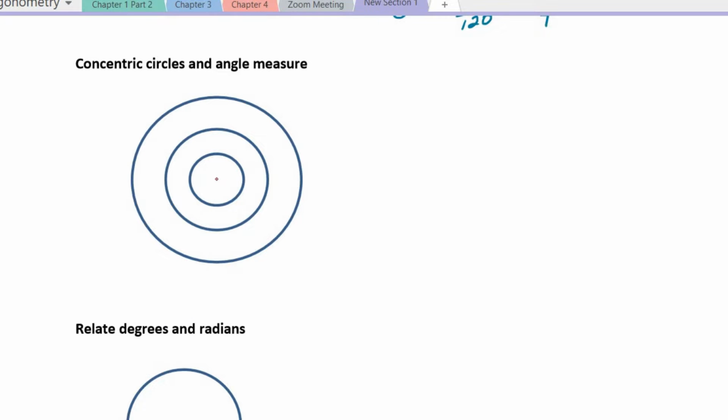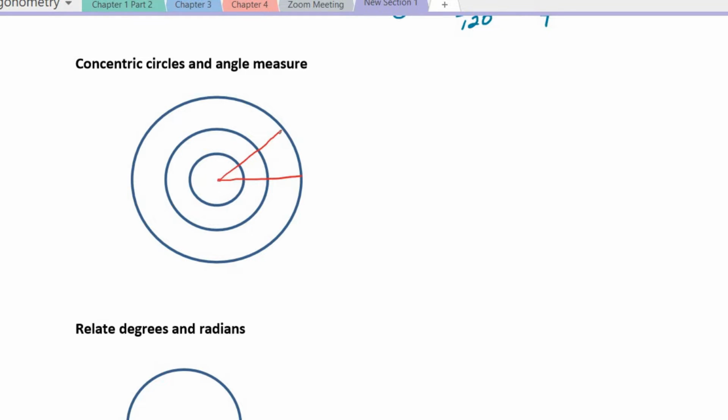Now this next thing may seem kind of basic, but I think it's something that's worth repeating. If you have an angle, let's say that's 30 degrees, or we can measure it in radians, it doesn't matter which of these circles that I'm looking at with this radius. All of these angles are going to be 30-degree angles.